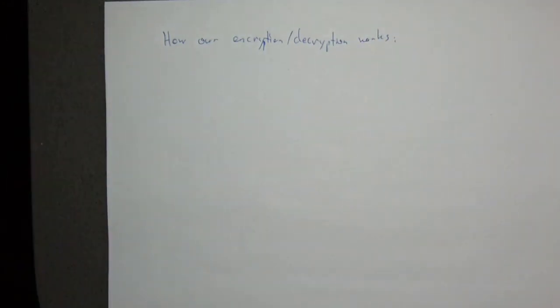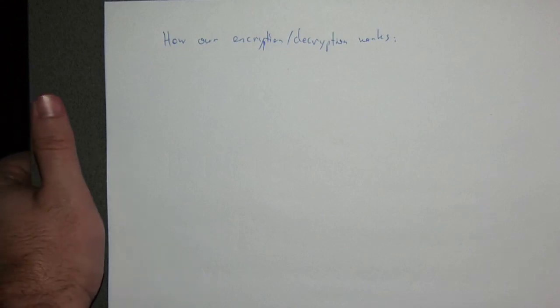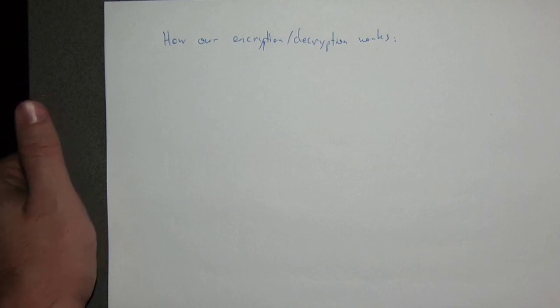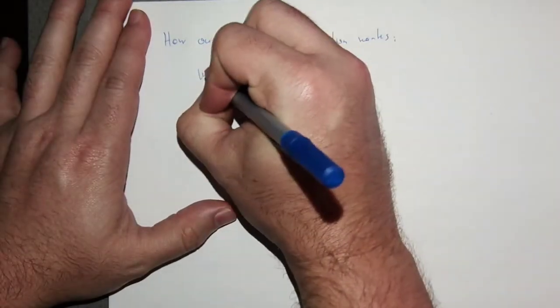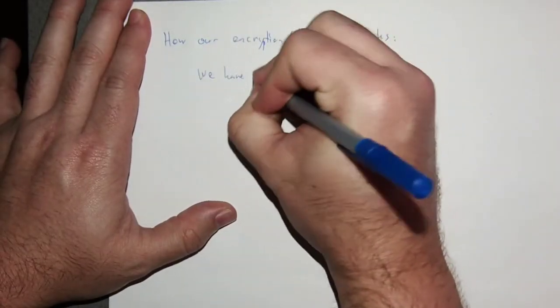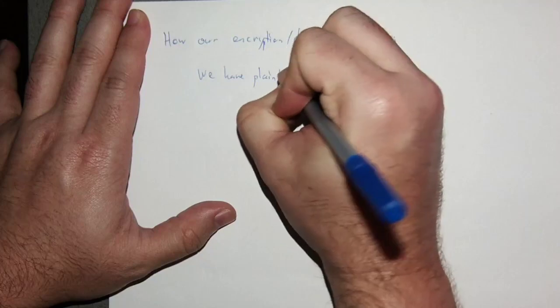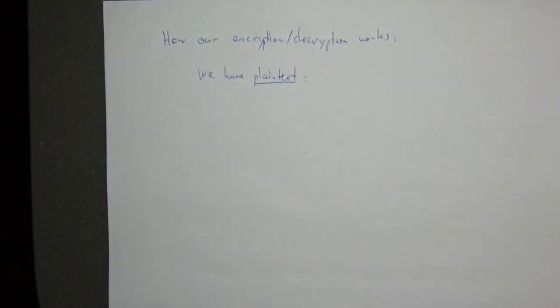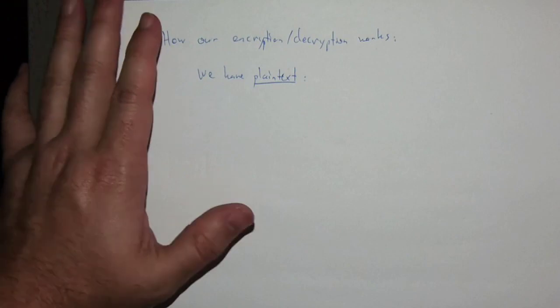So the idea is that you have some message, some data, some info, and we're going to think about it as being some plain text. So we have plain text, which we have listed at the bottom of page 4 in chapter 14.